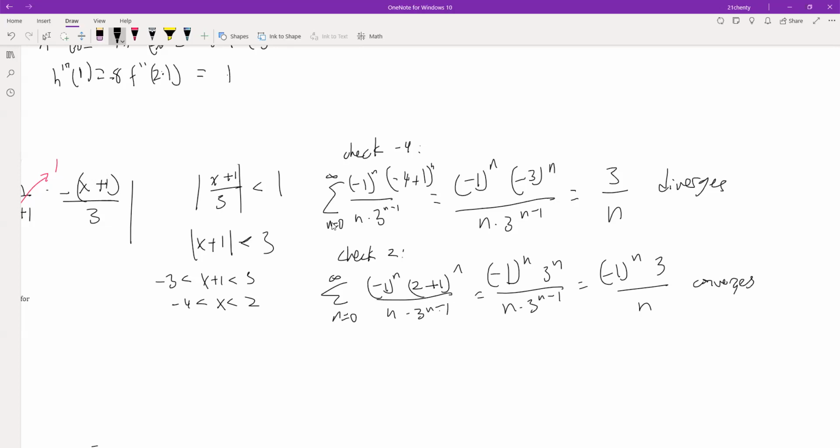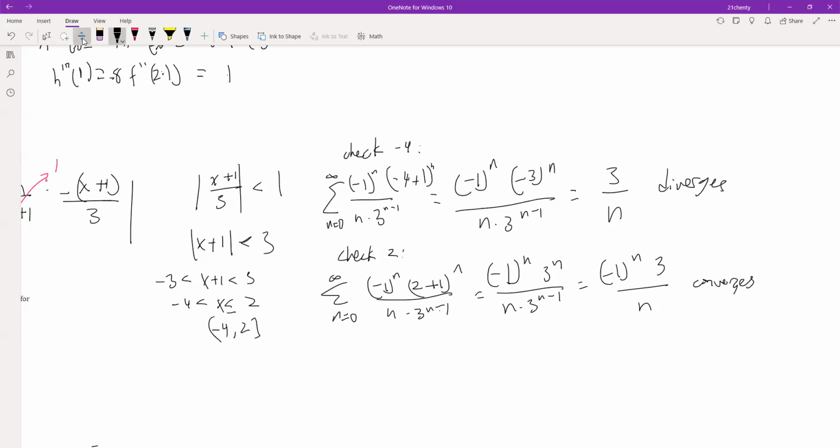It has that negative 1 to the n part. And each individual term, the absolute value of it, is getting closer and closer to 0. And as n approaches infinity, it will eventually become 0. So we can say that that converges, so it is x less than or equal to 2, so this is the interval.